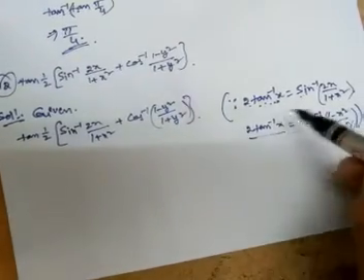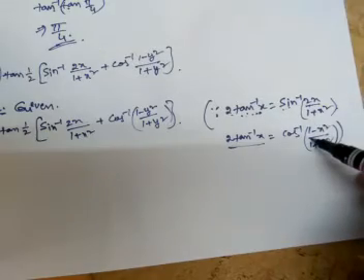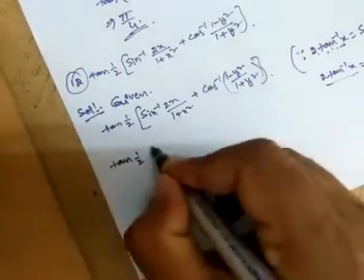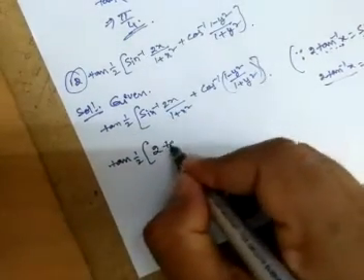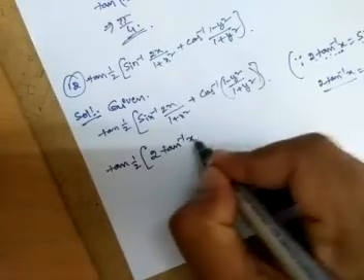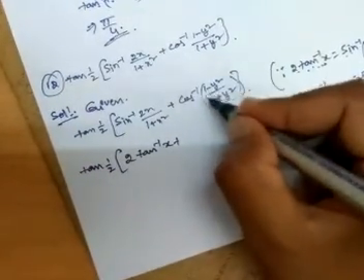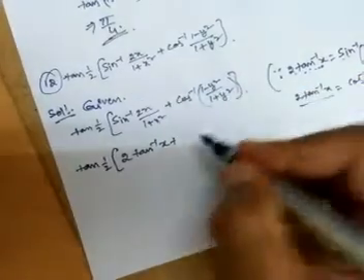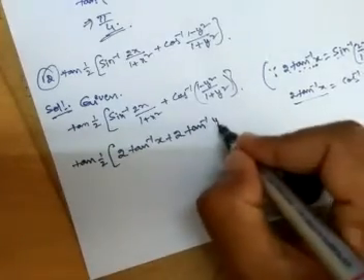Both the formulas are the same, but this formula is in terms of sin, this formula is in terms of cos. So tan of 1 by 2 into 2 tan inverse of x plus, this cos angle value is in terms of y, so that gives 2 into tan inverse of y.